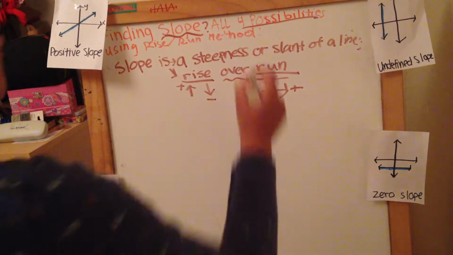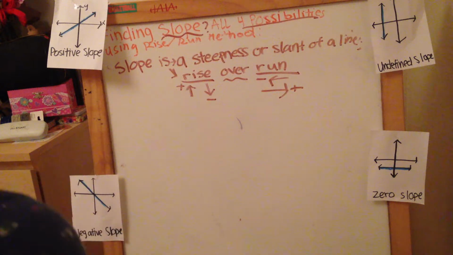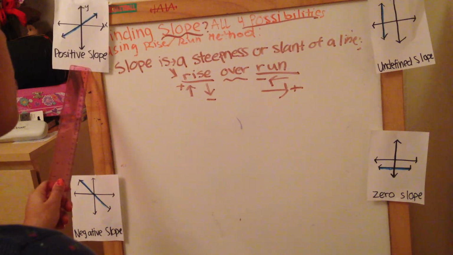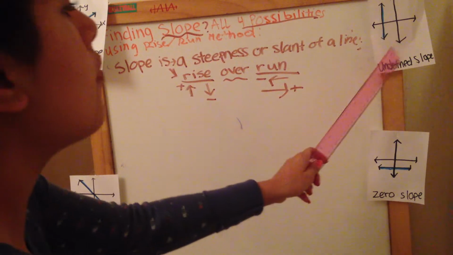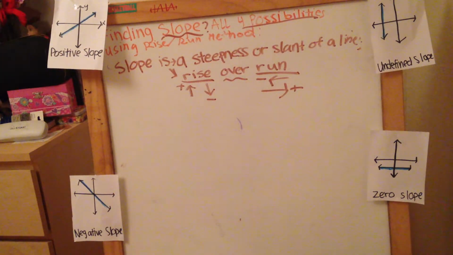Remember, there are four possibilities for the slope of a line: one being a positive slope, a negative slope, an undefined slope, or a zero slope.